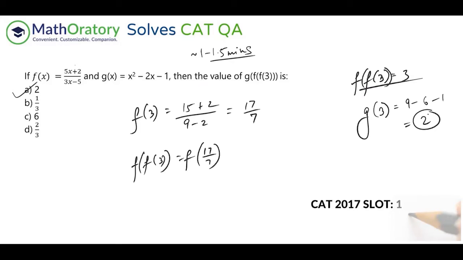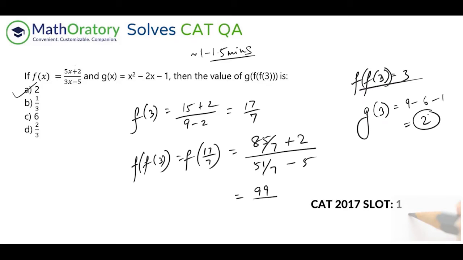If you substitute 17 by 7, at the top you get 85 by 7 plus 2, divided by 51 by 7 minus 5. Sorry, I made a mistake here. Let me check this quickly.